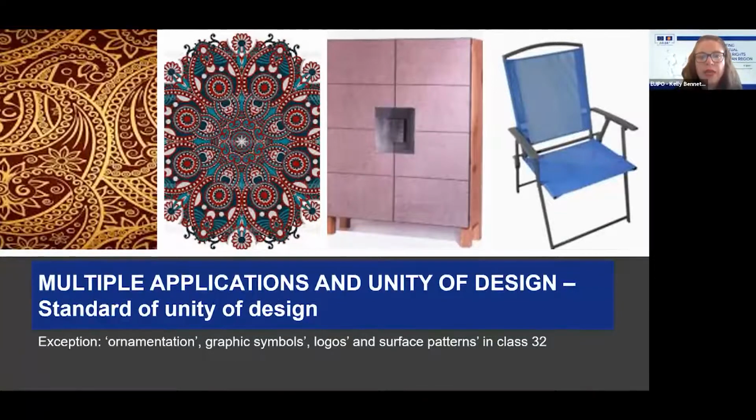A multiple application can therefore combine designs for ornamentation with designs for products, such as those to which that ornamentation will be applied, provided that all the products belong to the same class of the Locarno classification. And this reasoning regarding ornamentation also applies to graphic symbols, logos, and surface patterns in class 32.